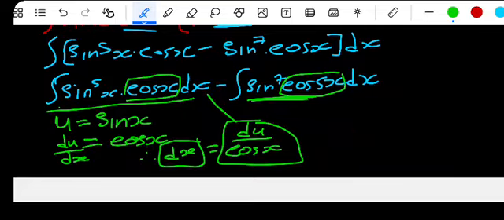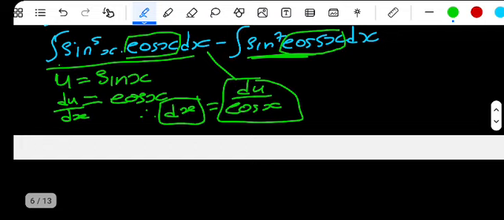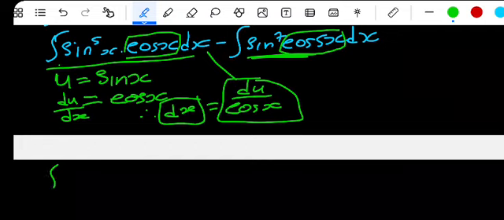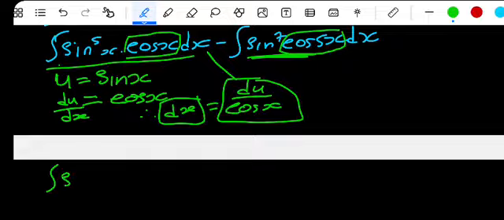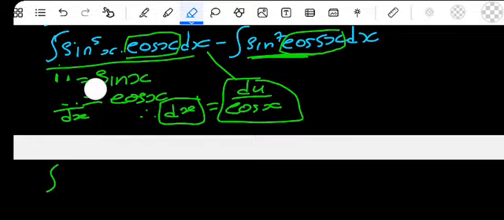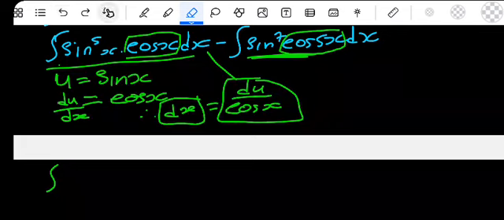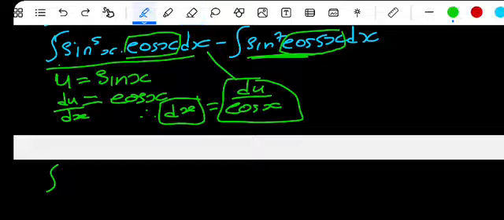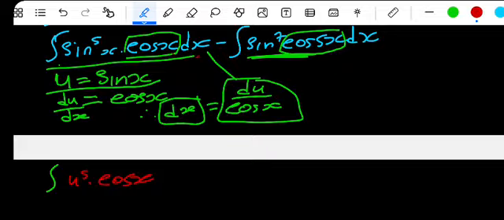Now we replace our things there. We have the integral of sine raised to the power of 5, but now sine must be equal to u, so that will be u to the power of 5 multiplied by cos x, and in place of dx we multiply by du over cos x.